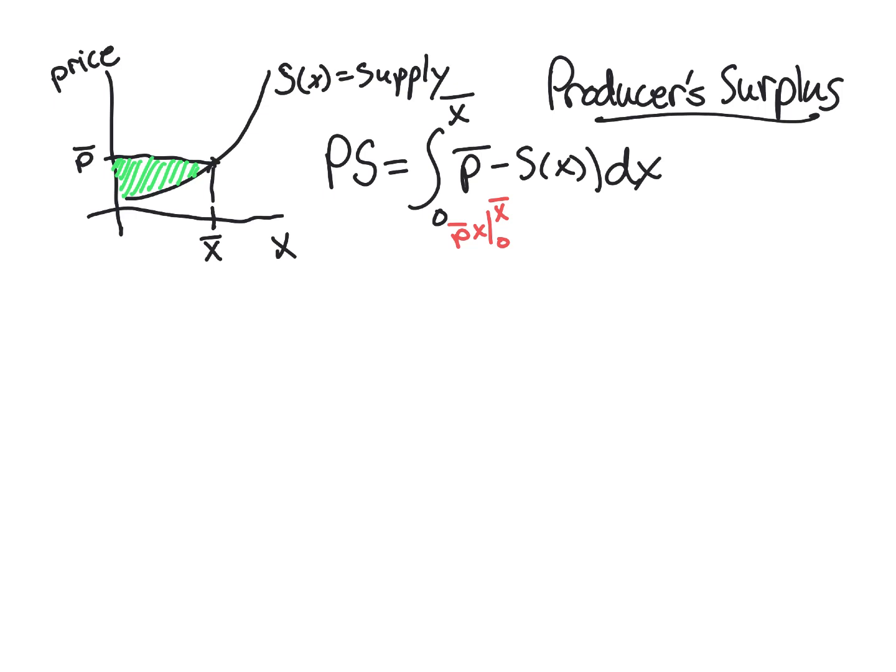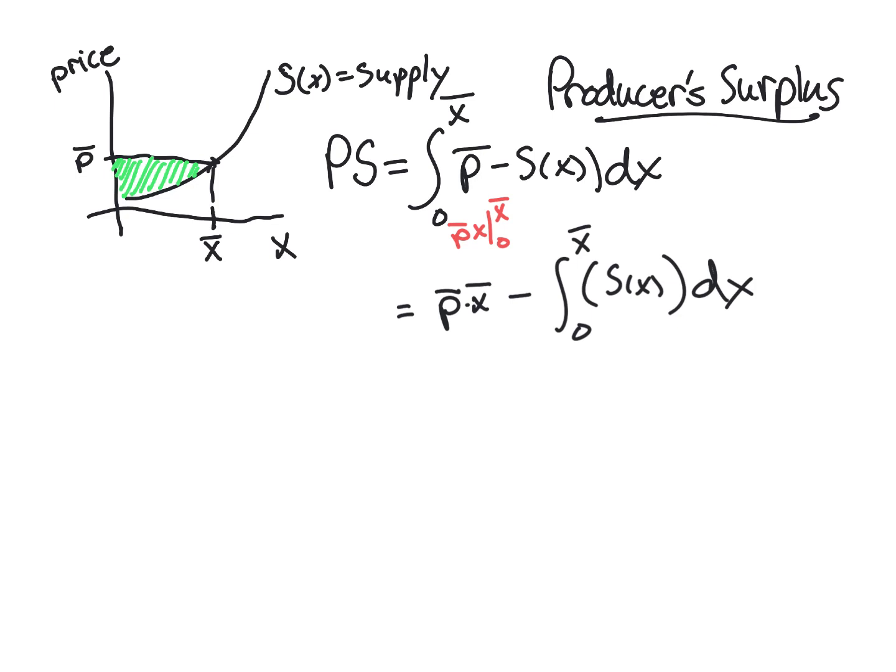And so you may see this written as P bar times X bar minus the integral of the S of X dx. Same thing, but I want you to recognize that the producer surplus is just the area between two curves, and you know how to find that.